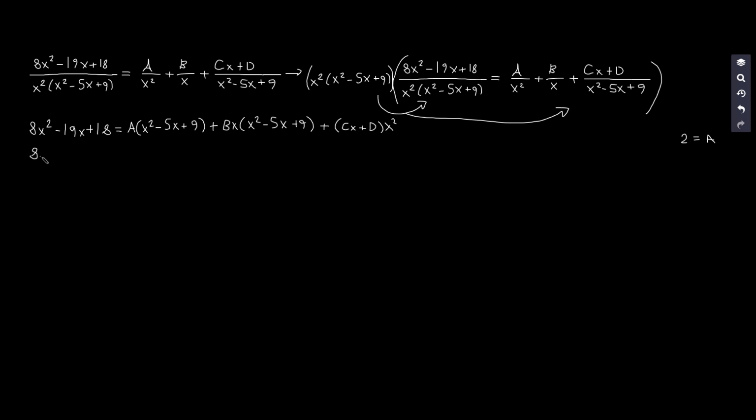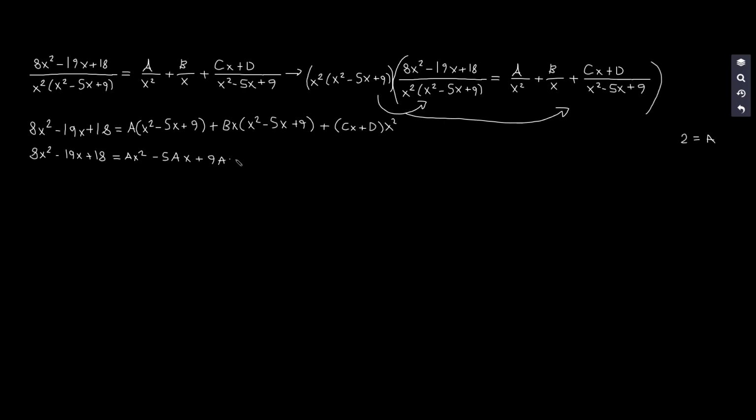We're going to have 8 times x squared minus 19 times x plus 18 equals a times x squared minus 5 times ax plus 9a.